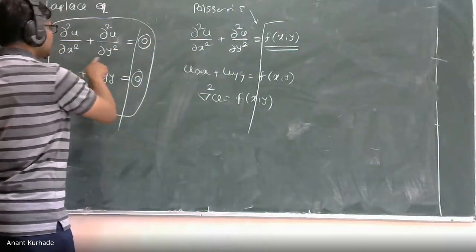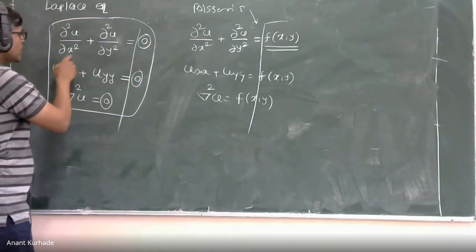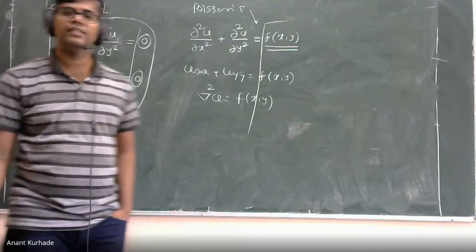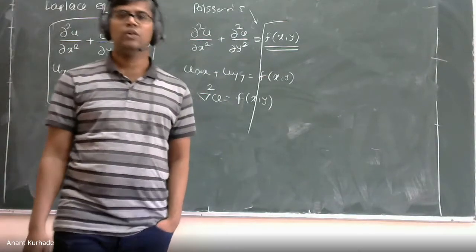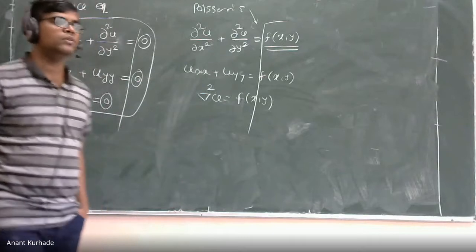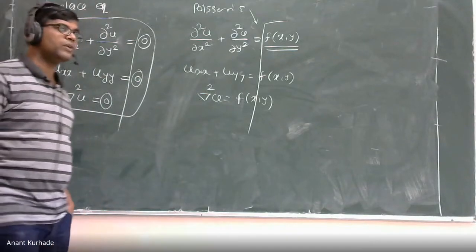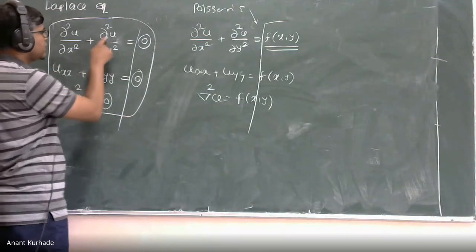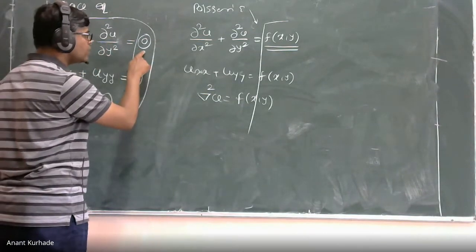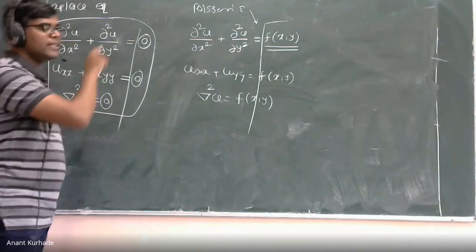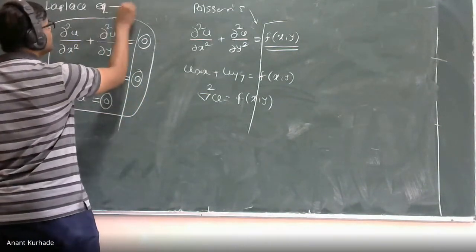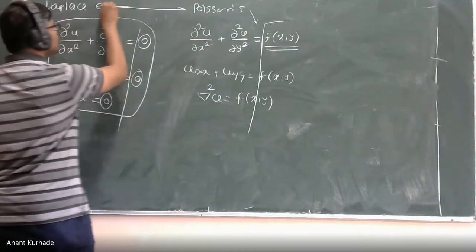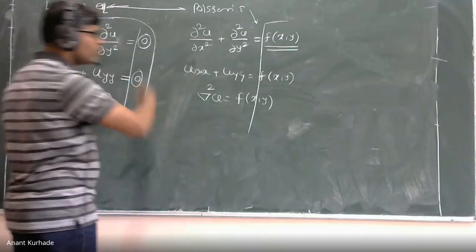So Laplace equation is in this form. Out of this, you can have a question like this: solve the Laplace equation, or solve partial square u upon partial x square plus partial square u upon partial y square is equal to 0. You cannot have any specific name, whether it is Laplace or Poisson; you can have any one form.